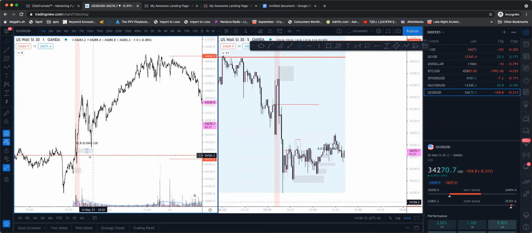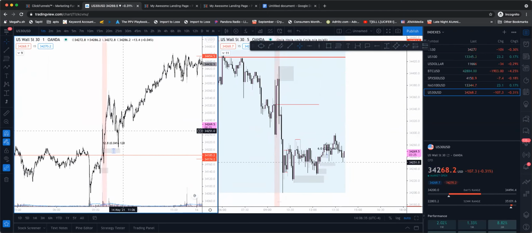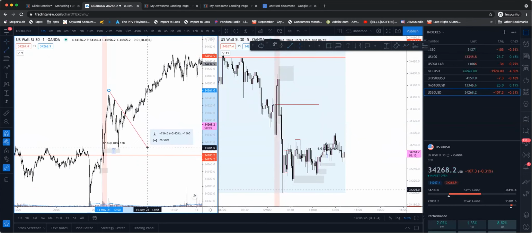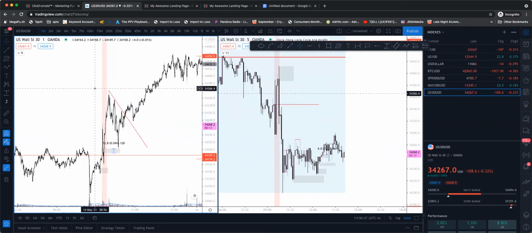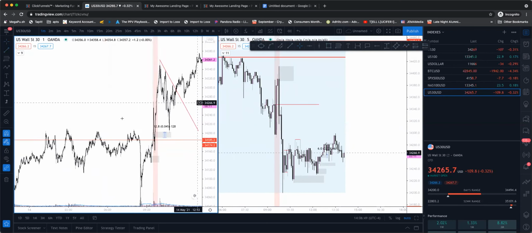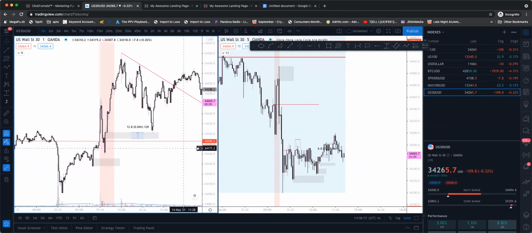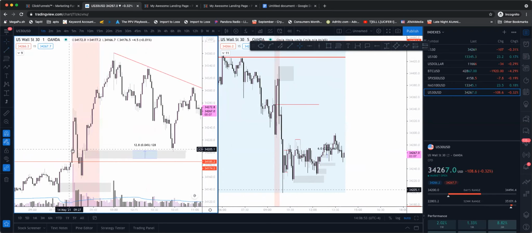Okay, so here I took this entry here, right? And we had a massive rally to the upside. I was targeting this high here because of this trendline liquidity, right? Like that. So I took profits at this high, and we can see this doji. Now, I was very confident in this trade with the doji block, huge imbalance.